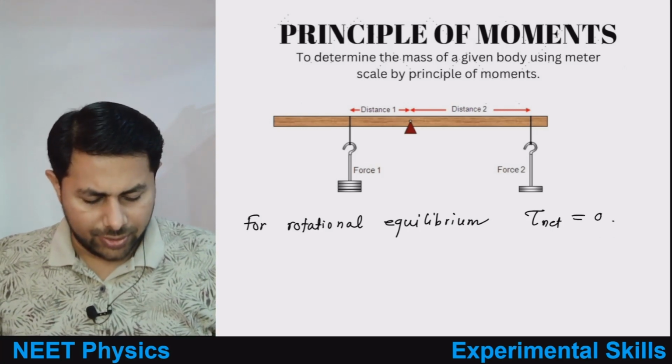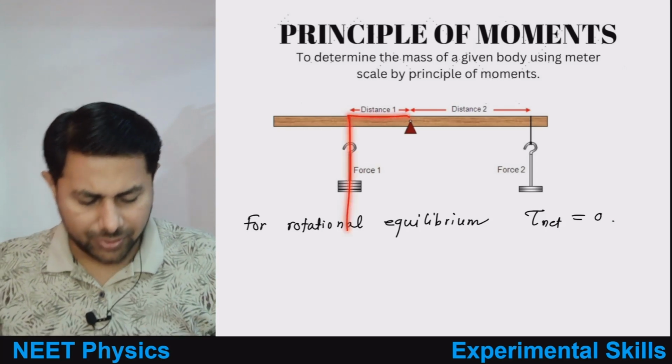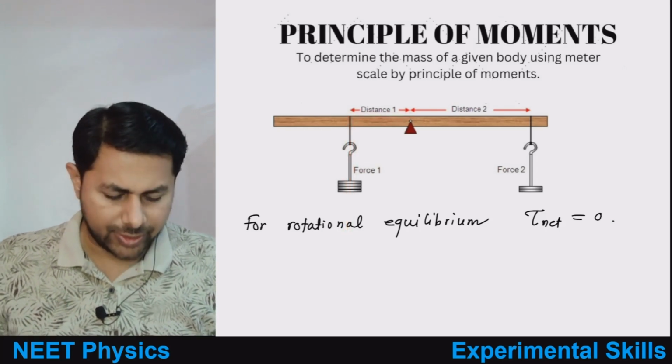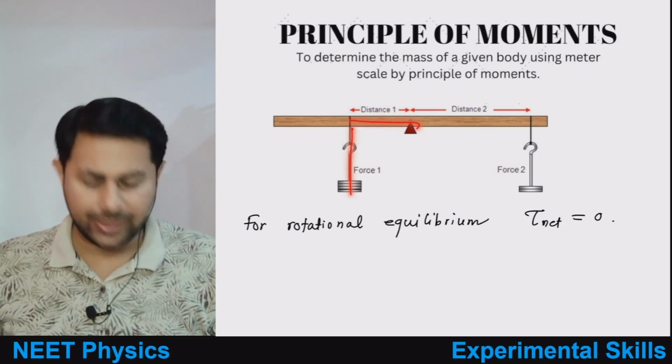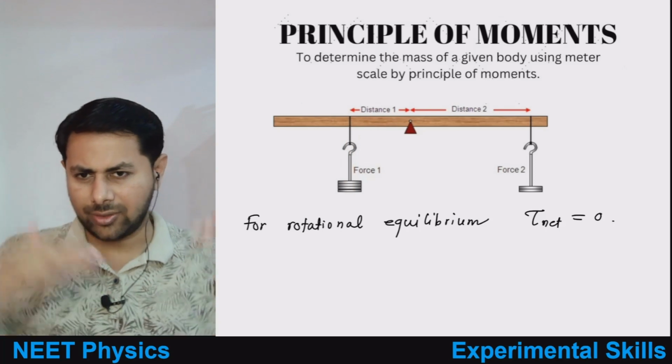The torque due to this one, suppose positive, because it wants to rotate the meter scale in the anti-clockwise sense.